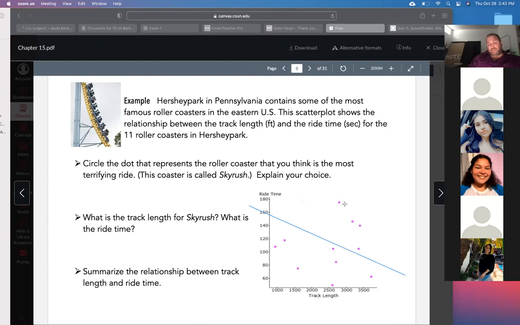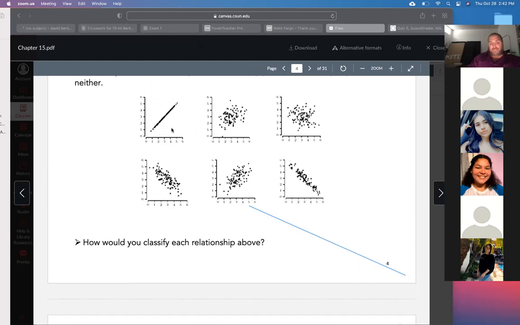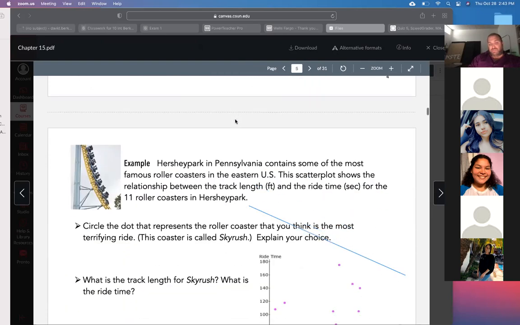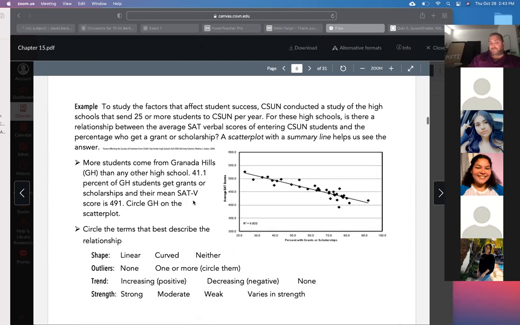Sometimes, like in the previous page, some of these are very easy to tell. This one up here, this one here, this one here, even this one. But sometimes it's not so easy to tell what the relationship is. You shouldn't have any where you have that kind of confusion. Like here, this one's much better.